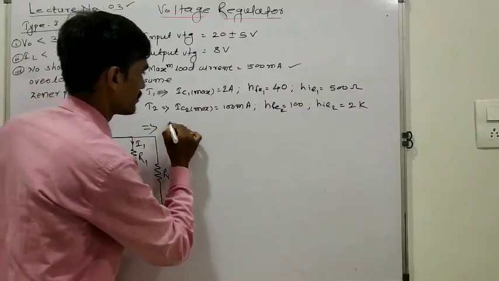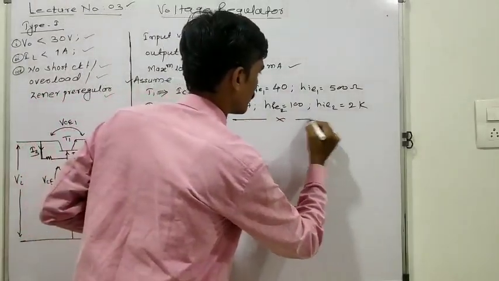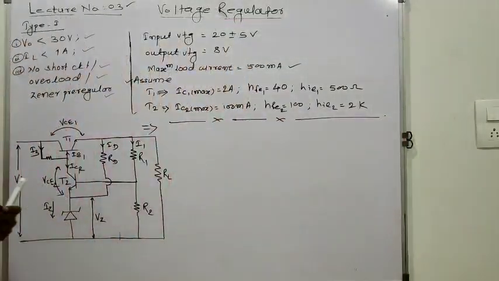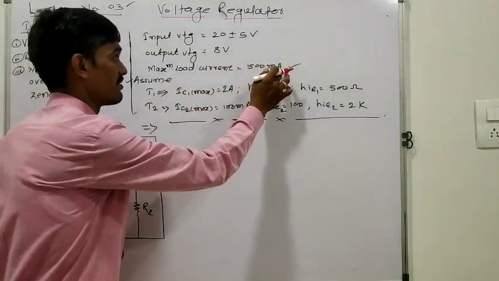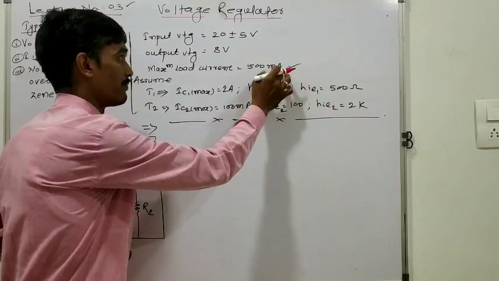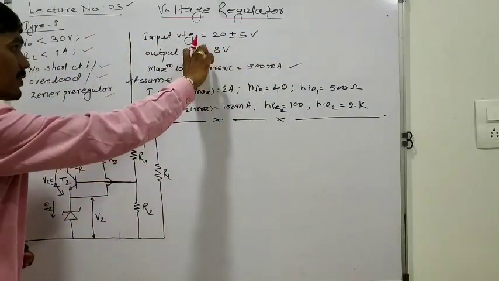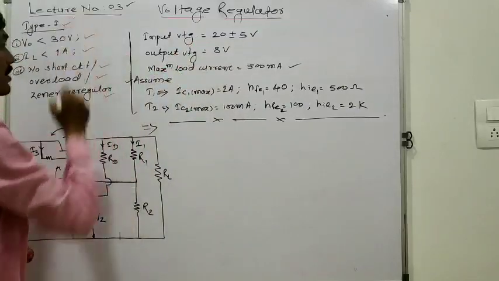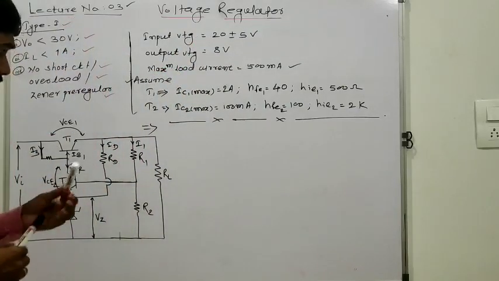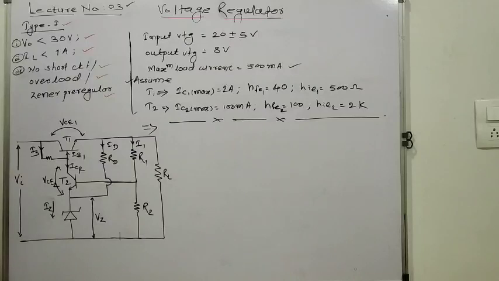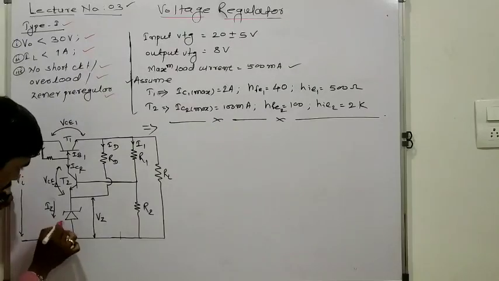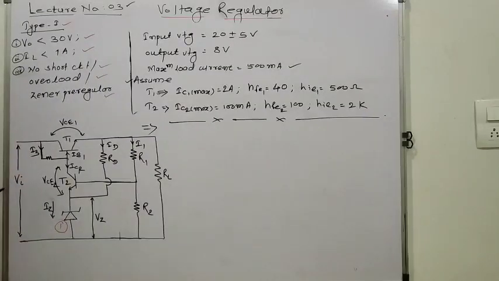Design steps. When such a problem is given, where maximum load current is less than 1 ampere and output voltage is less than 30 volt, this problem comes under type number 1. First we take the selection of Zener diode. How are we going to select a Zener?